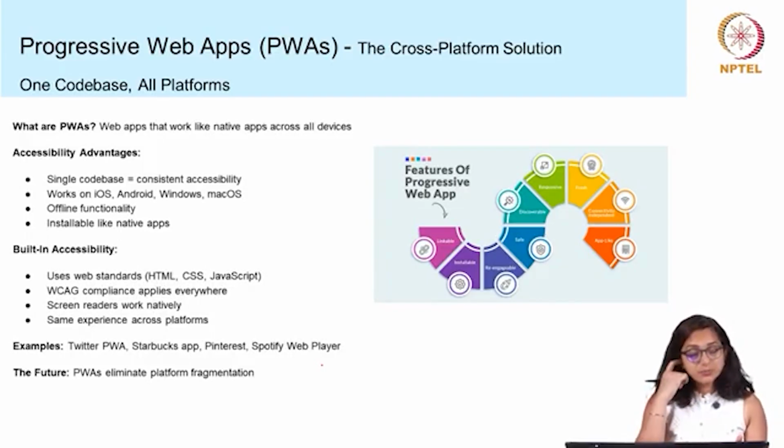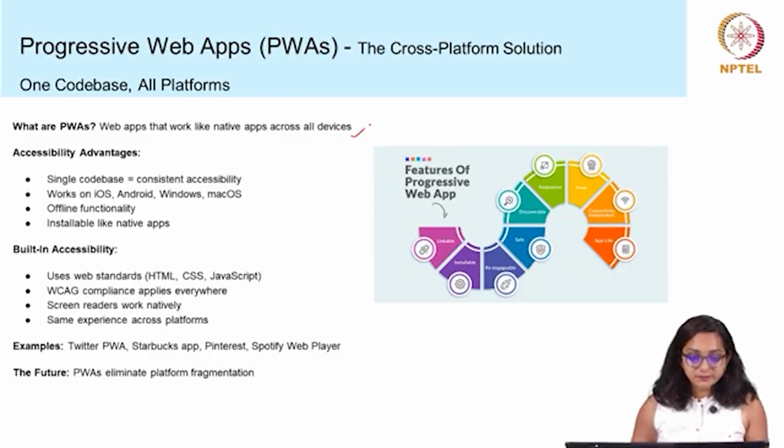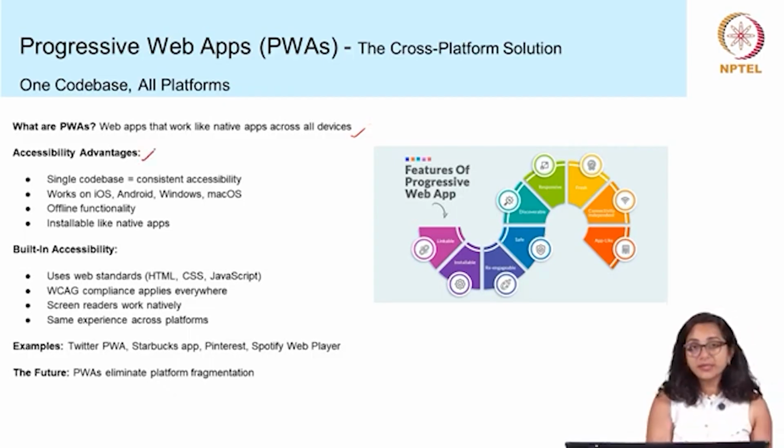So this has largely become the norm, and most of these flight apps like ClearTrip and all of these, if you see, they look like applications, but they are actually web based applications. All of the internet banking apps, they are also web apps, but they work like or look like native apps. So what are the accessibility advantages?